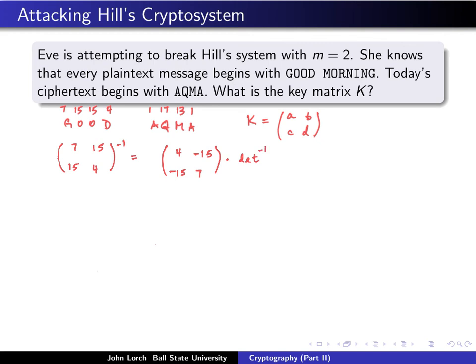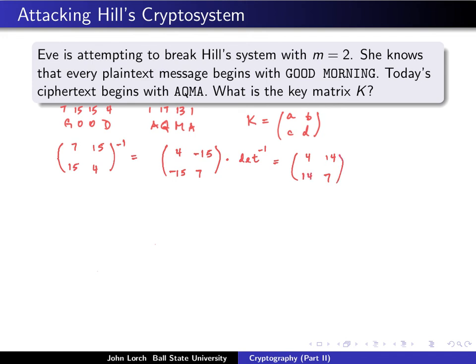Okay, so let's see what that would be over F29. So the 4 and the 7 stay put. Minus 15 in F29 is 14. That's because 14 and 15 add together to give 0.